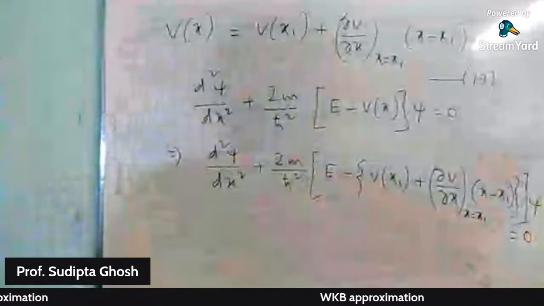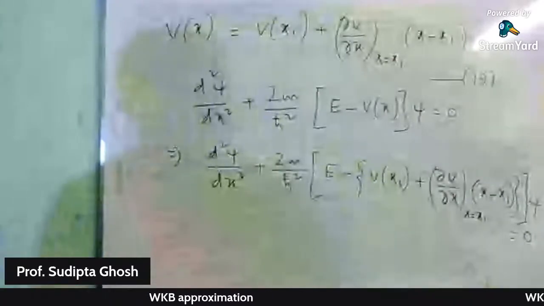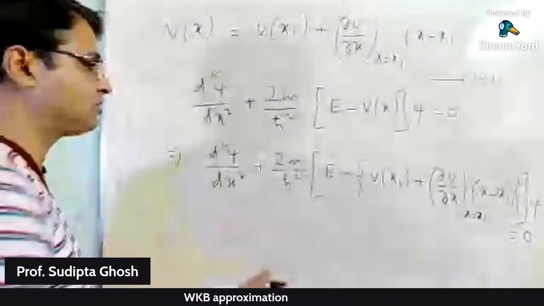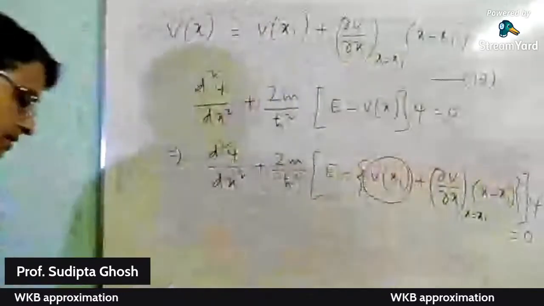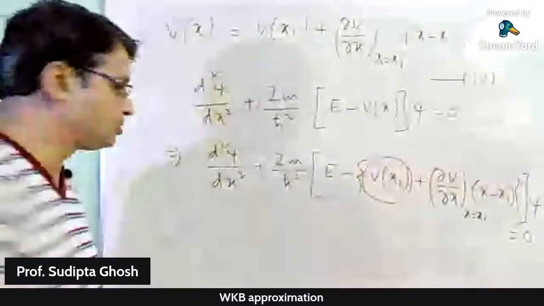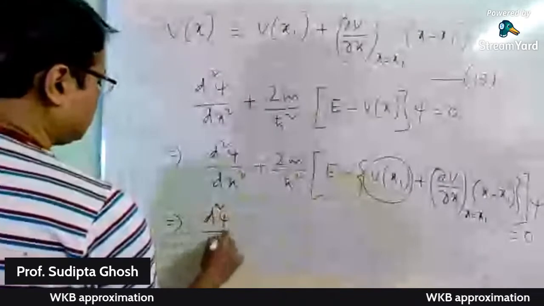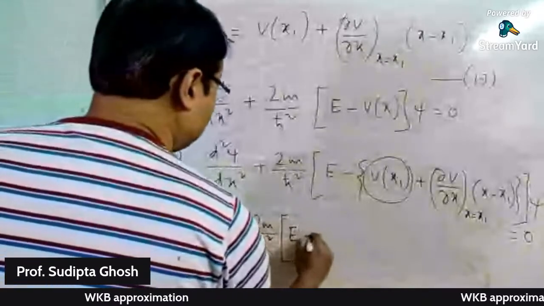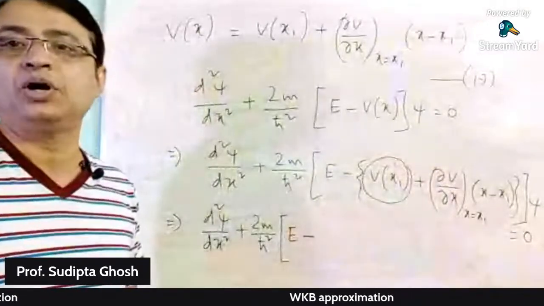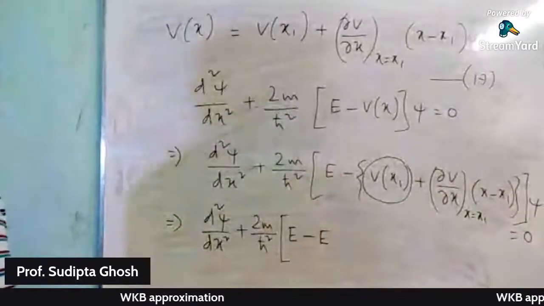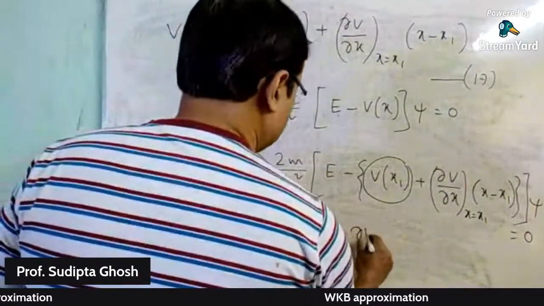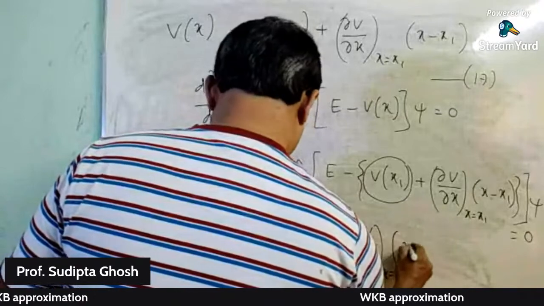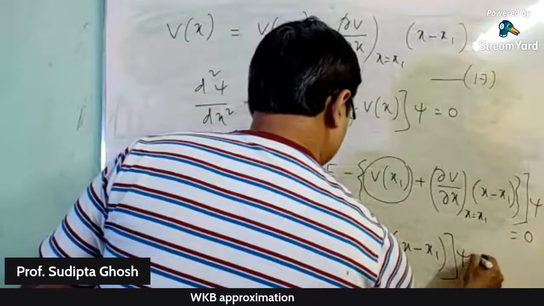Now here, at the classical turning point, that is at x equals x1, the value of V(x1) is actually E. So we can write it as d2 psi dx2 plus 2m by h cut square, and it is E minus, since the potential at the point x1 is actually E, I am putting the value as E, and then minus del V del x at x equals x1 into (x minus x1), then psi equals 0.